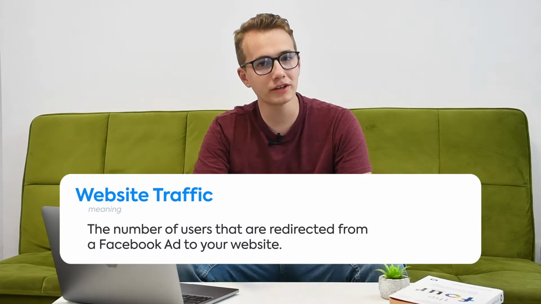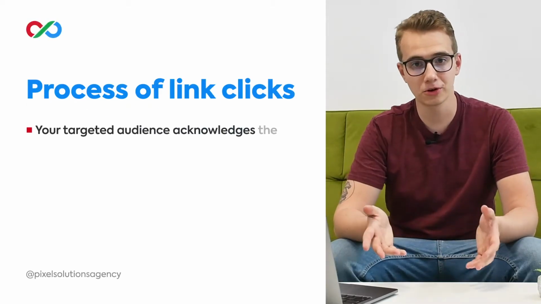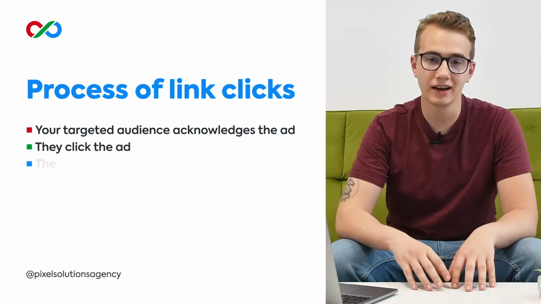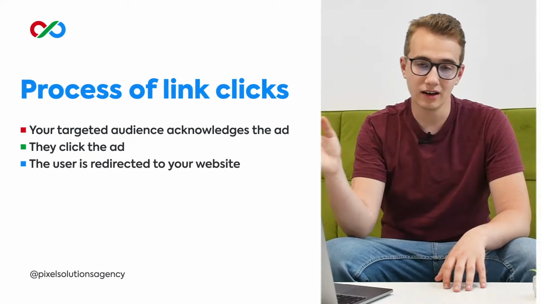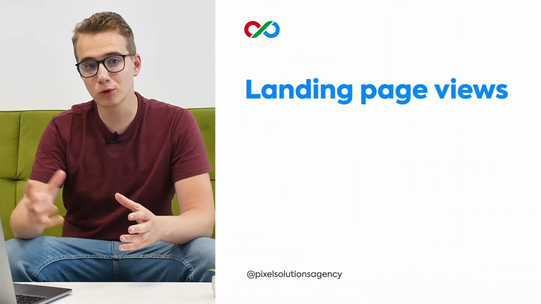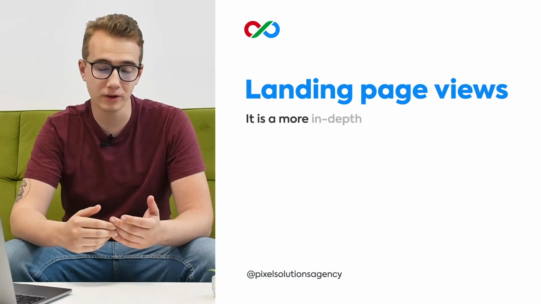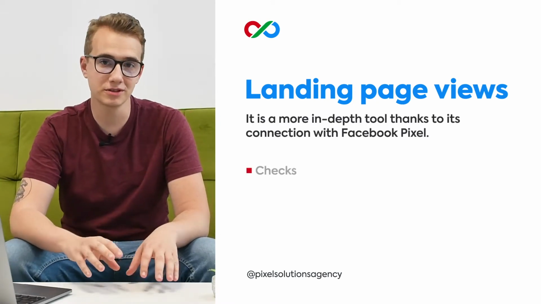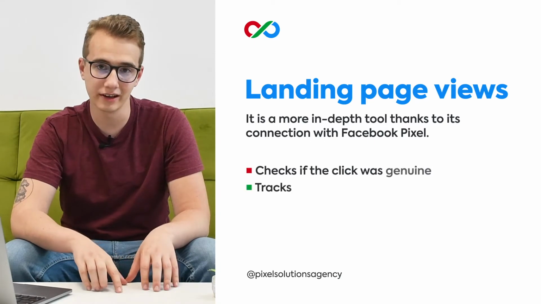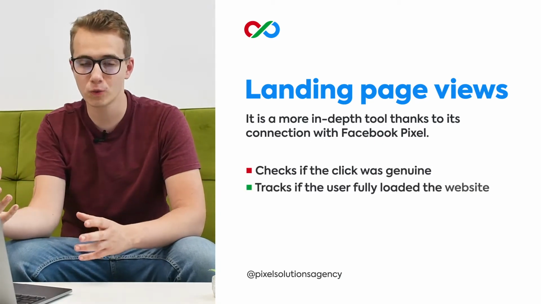Now there's a small intricacy in the traffic objective that you can have 2 different types of results. Link clicks mean that a user sees your ad, they click on the ad, and they go to your website. Landing page views are a little bit more in-depth and use the actual Facebook pixel to see if the person that has clicked on your link actually loads your website.